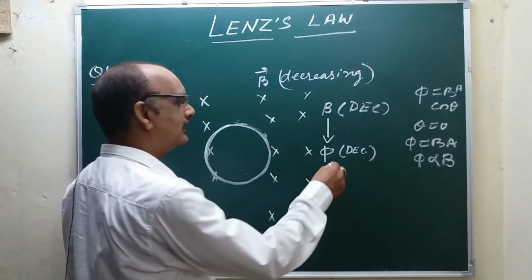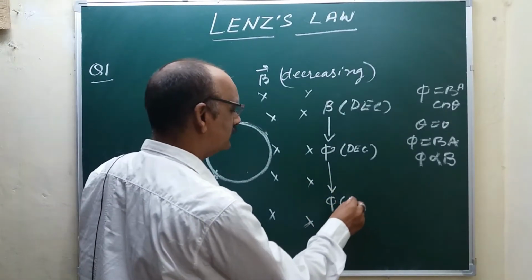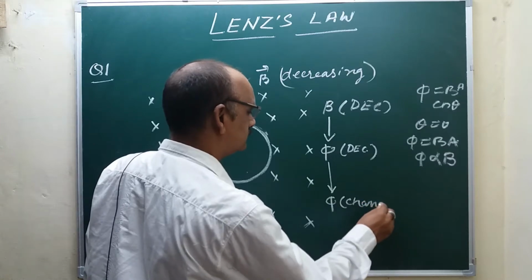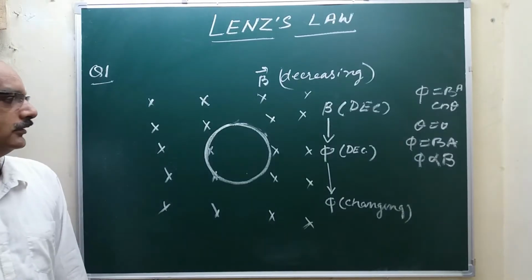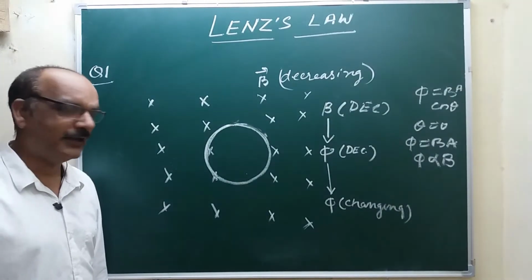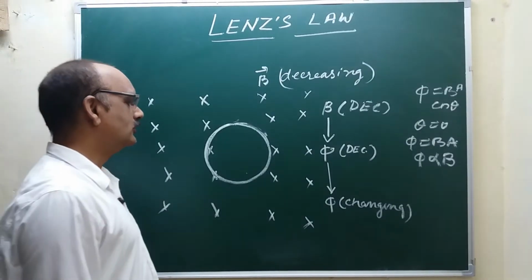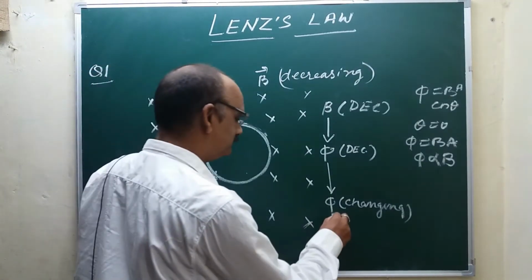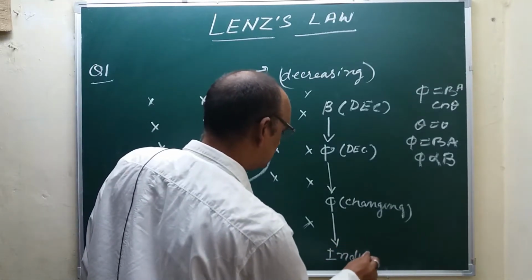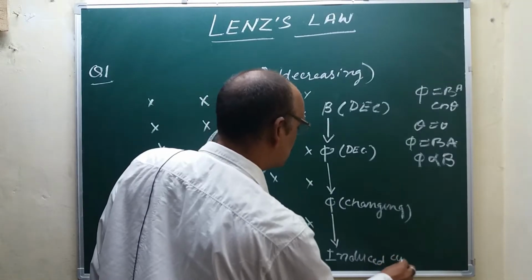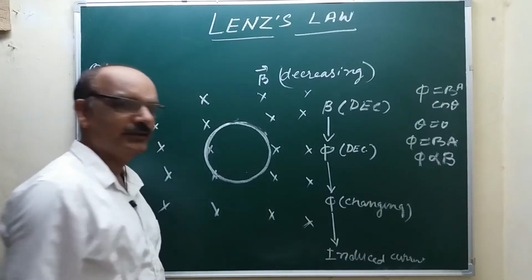Flux is decreasing. It means that flux is changing. And if a coil is placed in variable magnetic flux, induced current will be set up. Induced current. Now, what will be the direction of induced current?